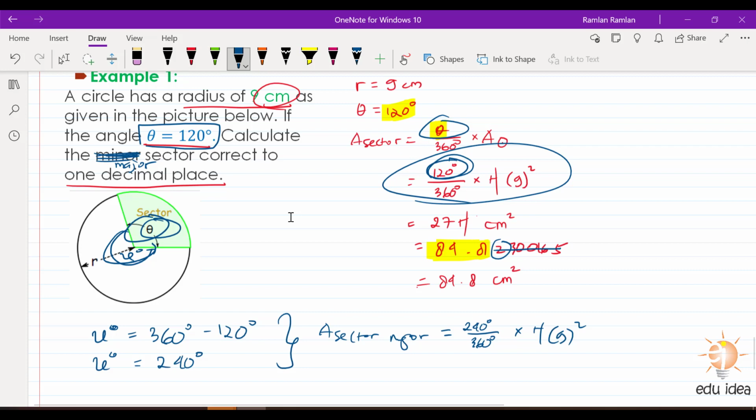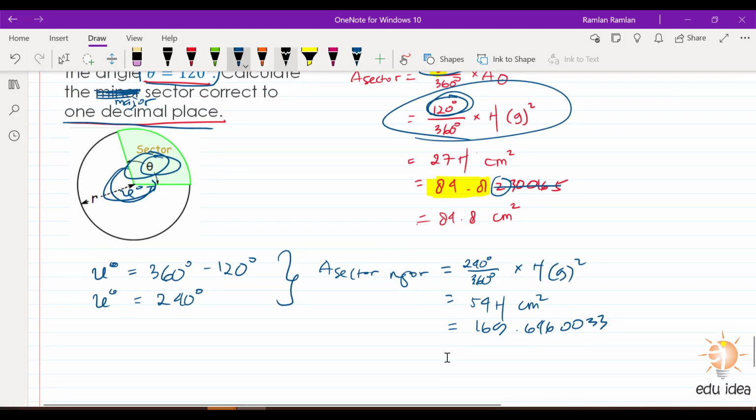Again, for this one, you can just use a calculator. If you take it with the pi, it'll be 54 pi centimeters squared. If you are going to take it correct to one decimal place, you will get 169.6460033. Again, guys, correct to one decimal place means you only take one decimal place, which is until this 6, because that's only one number after the decimal.